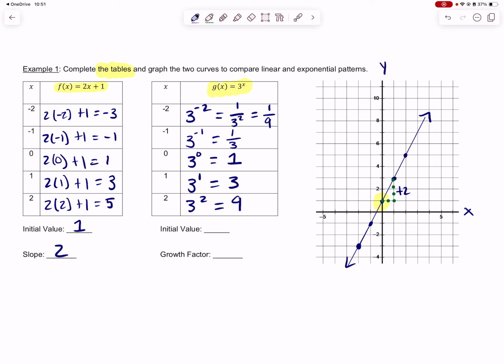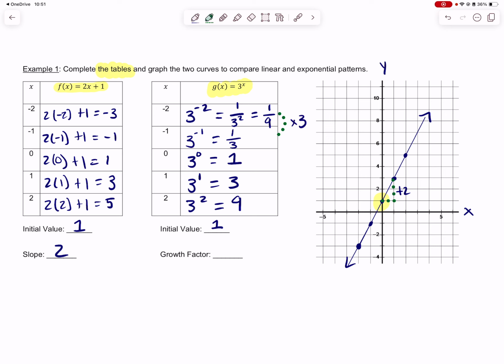So now, in this one, our initial value is still the same thing. It is our 1, where it's crossing the y-axis. But then our growth factor, that we can see from this table, is what our y values are repeatedly being multiplied by. To go from 1/9 to 1/3, we have to multiply by 3.